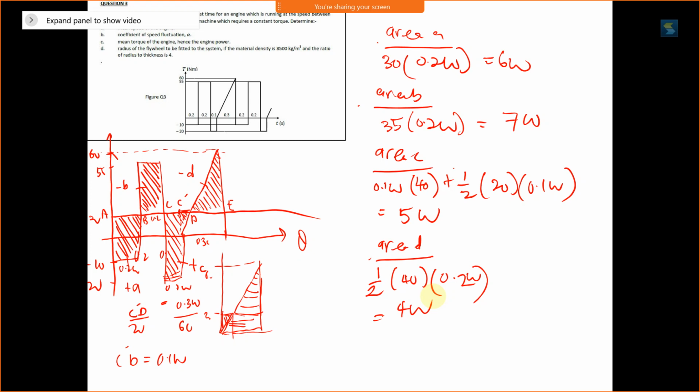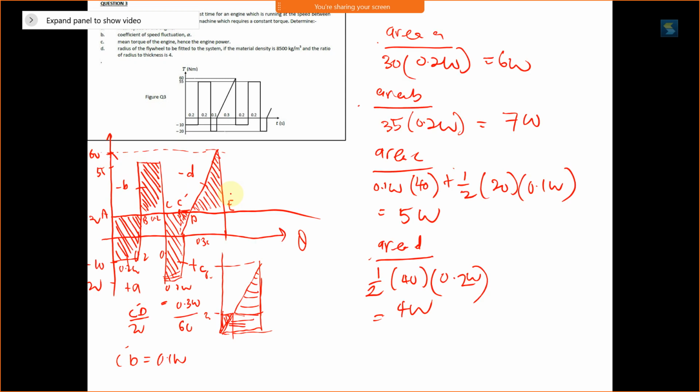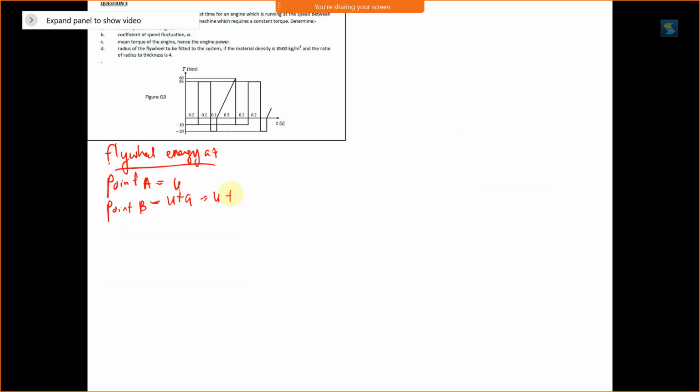So A, B, C, D and E. So flywheel energy at point A. So this is U, isn't it? You start with U, and then point B, we have U plus A. Our A is 6 omega.